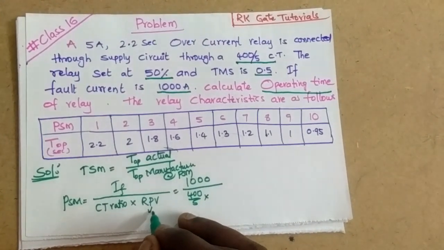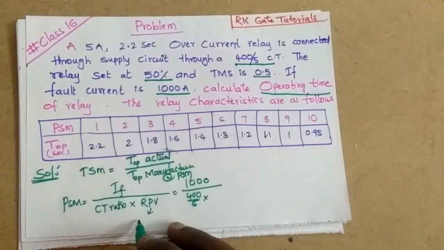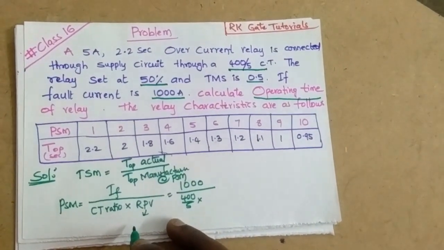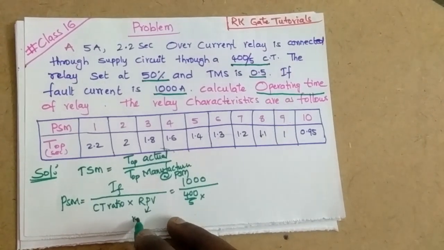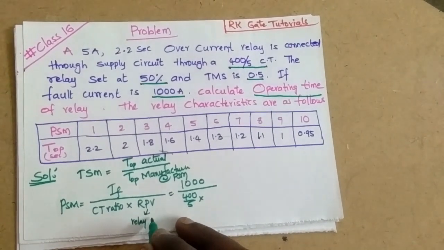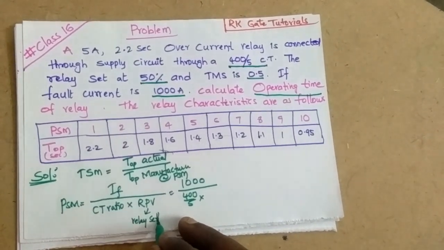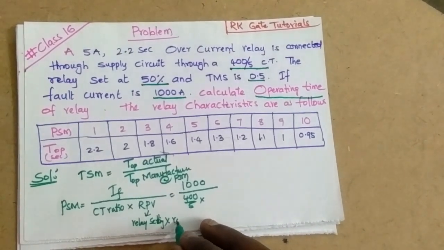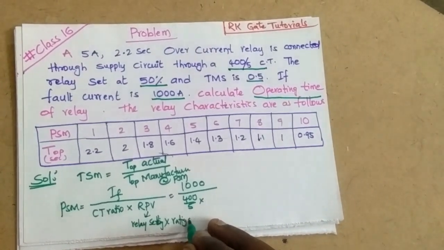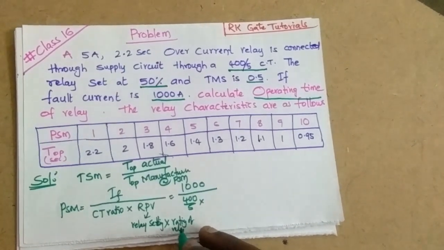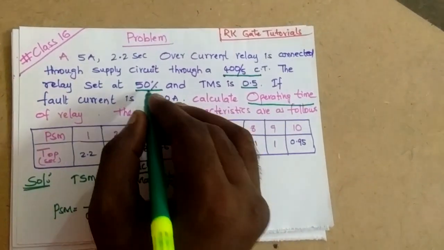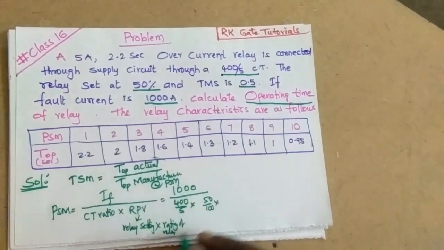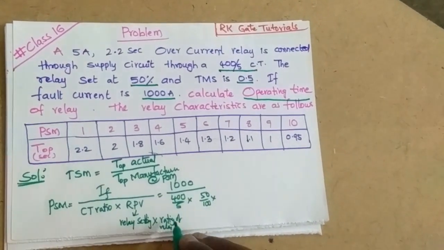Relay pickup value is a multiplication of the percentage of relay setting multiplied by the rating of relay. Since here the relay setting is given, that is 50%, so 50 by 100 multiplied by, what is the rating of the relay?